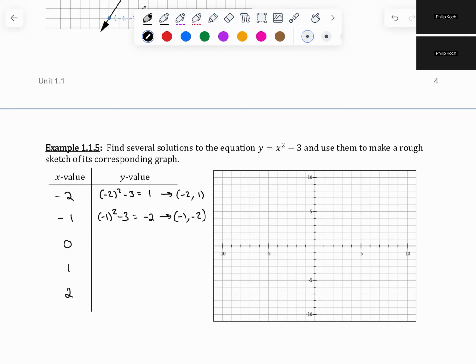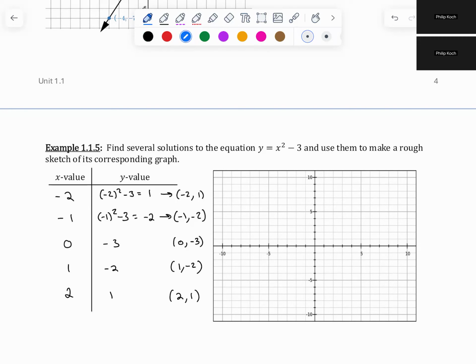It's always x comma y. Similarly, if you use the other ones, you'll get 0 comma -3, 1 comma -2, and 2 comma 1. And you plug in an x value of 2, you'll get 1. So we have those 5 points, and we'll plot them.